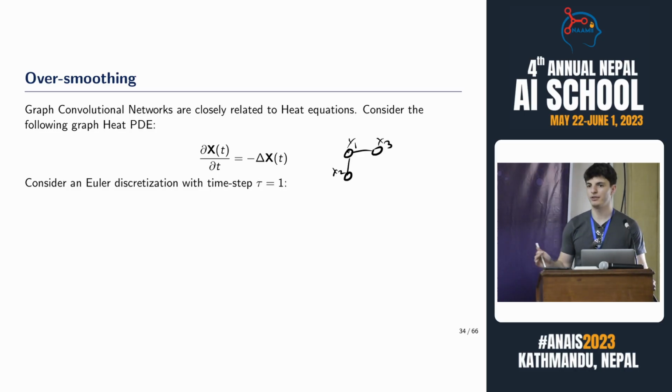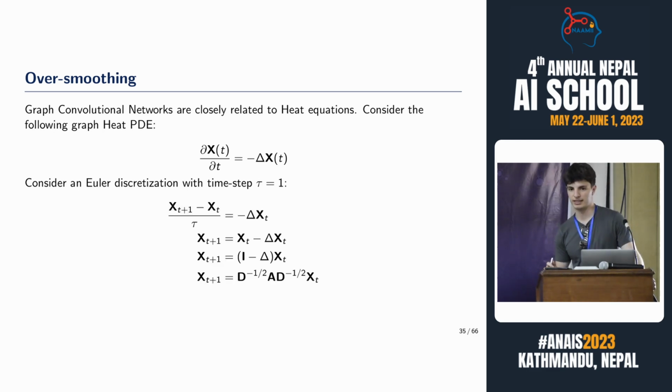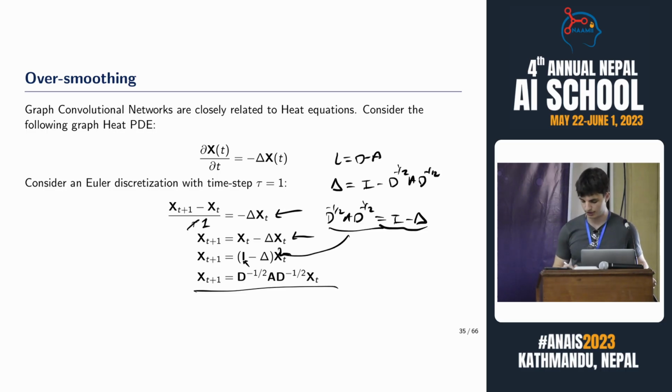Now, what I will show you is that graph convolutional networks are discretizations of this heat equation. So we take a very simple discretization. This is the first order Euler discretization, and we take a unit time step. Okay, and so this is the discretized version.